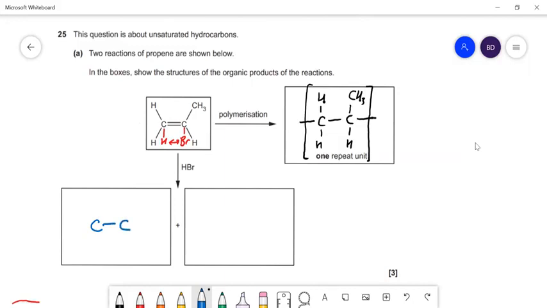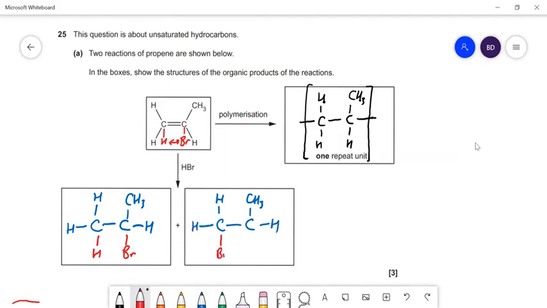So we're going to have here, right, the double bond's gone. We've got the original hydrogen, the original methyl, and the original hydrogen. And here we stuck on a new hydrogen and the bromine on that one. And in the other diagram, I'm just going to swap the positions of those two things. So that's simply going to be the Br there.